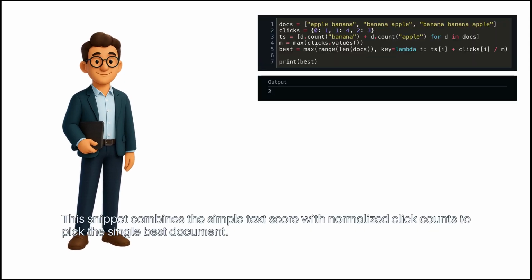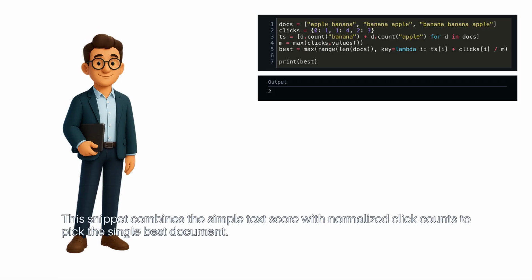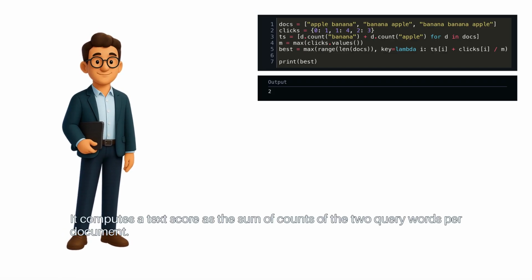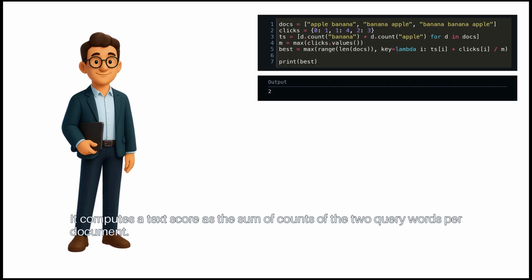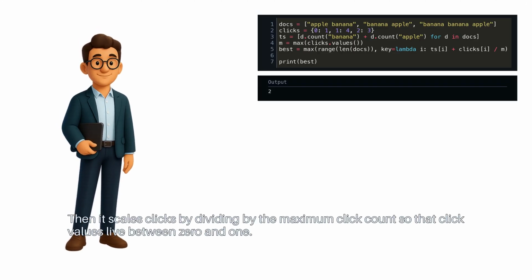Next, we fuse content relevance and raw clicks to pick a winner. This snippet combines the simple text score with normalized click counts to pick the single best document. It computes a text score as the sum of counts of the 2 query words per document. Then it scales clicks by dividing by the maximum click count, so that click values live between 0 and 1.